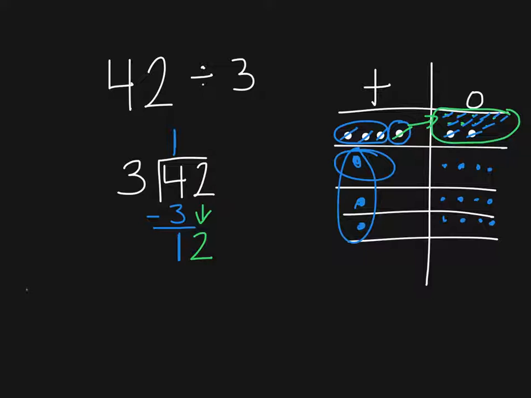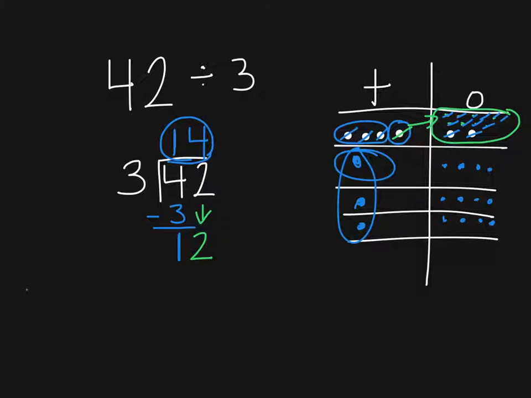And you can see that these divided evenly. I have the same number in each group, and I don't have any left over. And one group is 4. So when I take my 12 ones and divide it into groups of 3, I end up with 4 in each group, and I'm going to write that 4 up on the top. So now I'm saying that my quotient is 14.